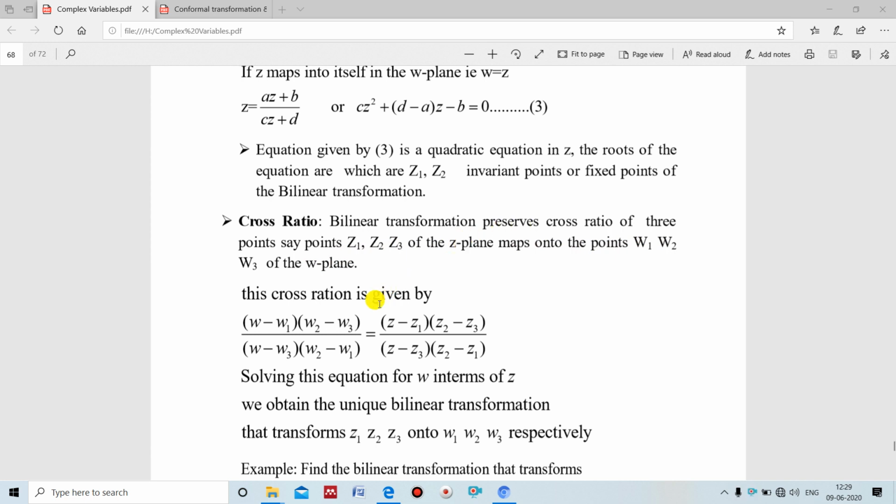The cross ratio is given by (W minus W1) into (W2 minus W3) divided by (W minus W3) into (W2 minus W1) equal to (Z minus Z1) into (Z2 minus Z3) divided by (Z minus Z3) into (Z2 minus Z1). On solving this equation for W in terms of Z, we obtain the unique bilinear transformation that transforms Z1, Z2, Z3 onto W1, W2, W3.